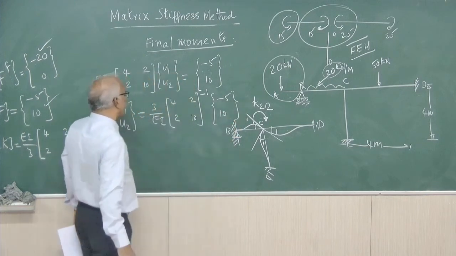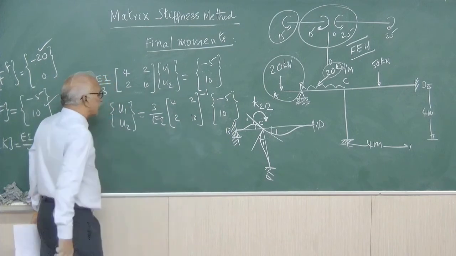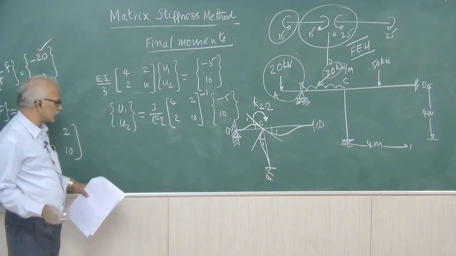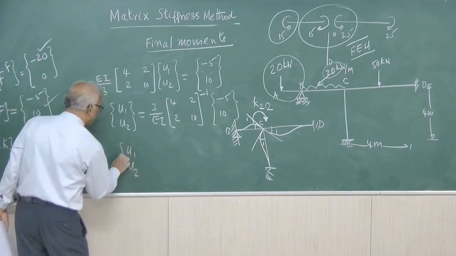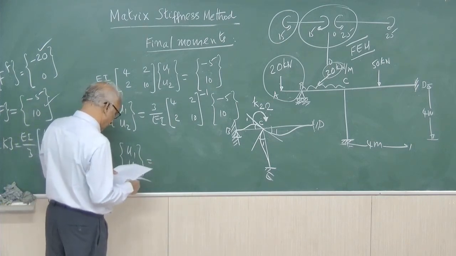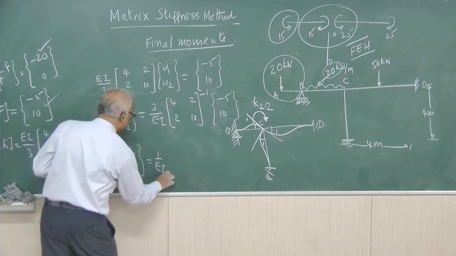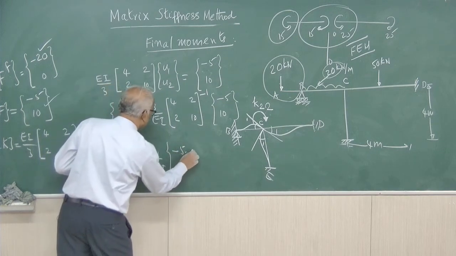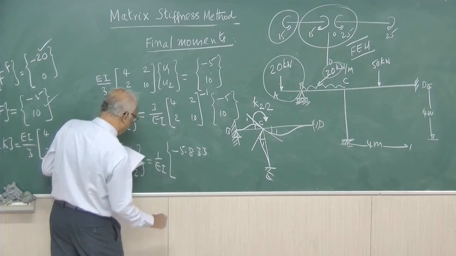So, we can do the calculations as before. The inverse of this is 1 by determinant and adjoint of the matrix, doing simplification, multiplication, etc. Finally, you will be getting U1, U2 equal to 1 by EI times minus 5.833 and 4.167.